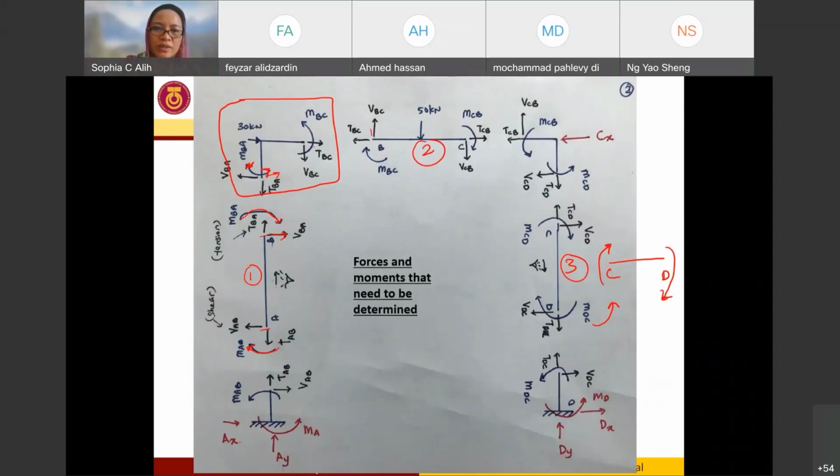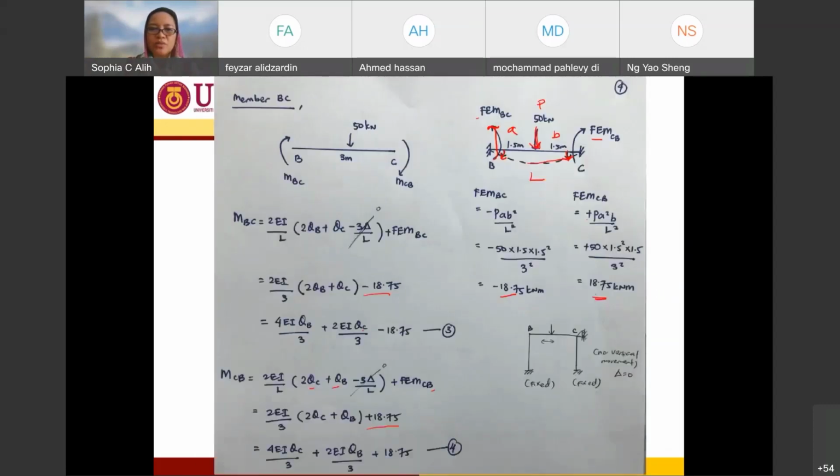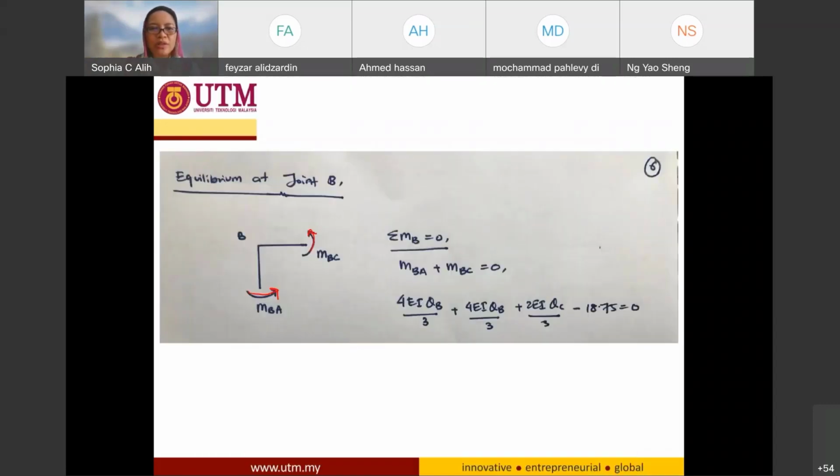This one is clockwise, this one is counterclockwise, so this is correct. So I take this joint B to take the equilibrium condition. At joint B, the equilibrium of moment has to be 0, so MBA plus MBC has to total 0.